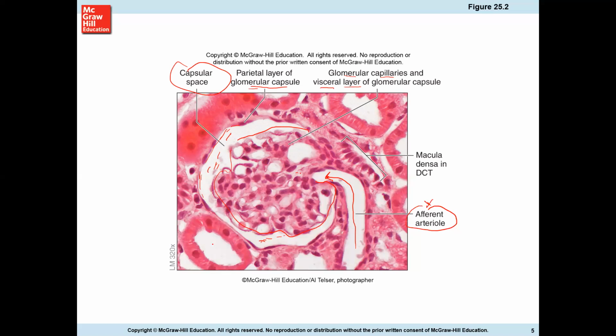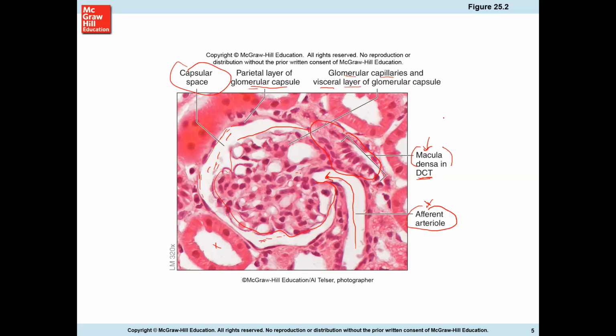I can't tell if this is the PCT. I don't think it's the PCT. But right next to the glomerulus is the DCT coming up out of the medulla into the cortex. And you're going to learn about a section of the DCT called the macula densa. This is important because the kidney is really involved in blood pressure and blood volume and how much sodium is in your blood.